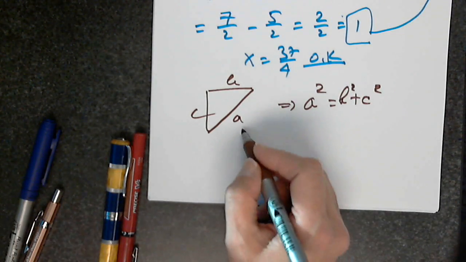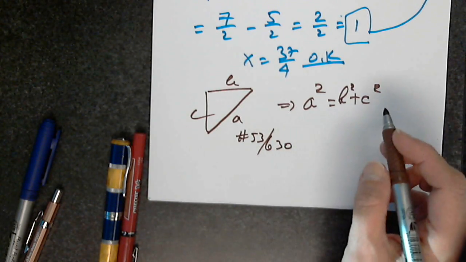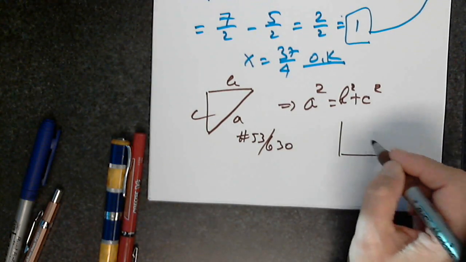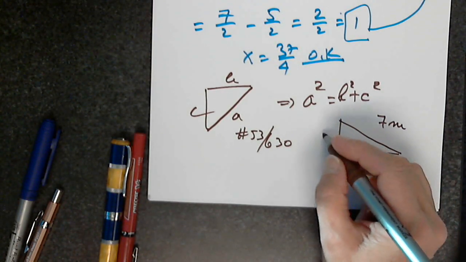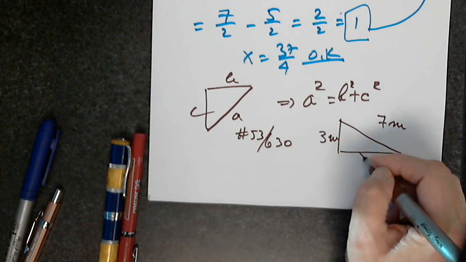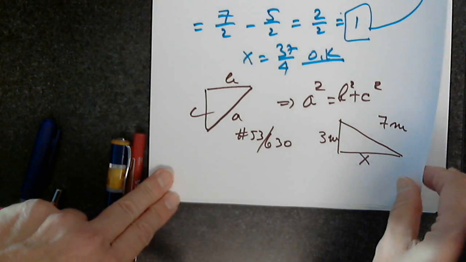Let's look at 53 on page 630. And we are given the following triangle. The hypotenuse 7 meters, one leg 3 meters, and the other one unknown. Can anyone dictate what is the Pythagorean theorem? How will it look in this particular triangle?